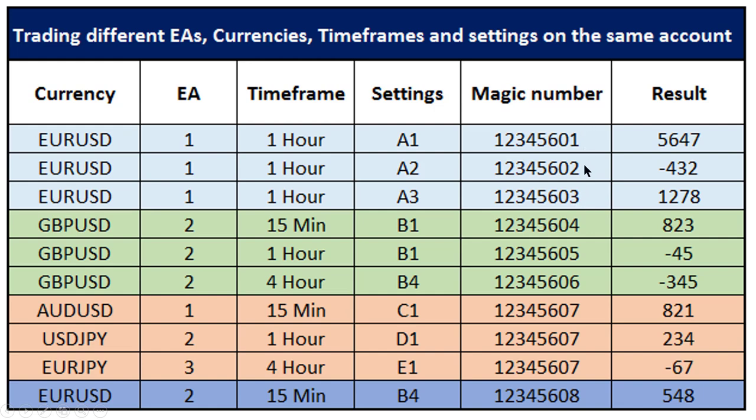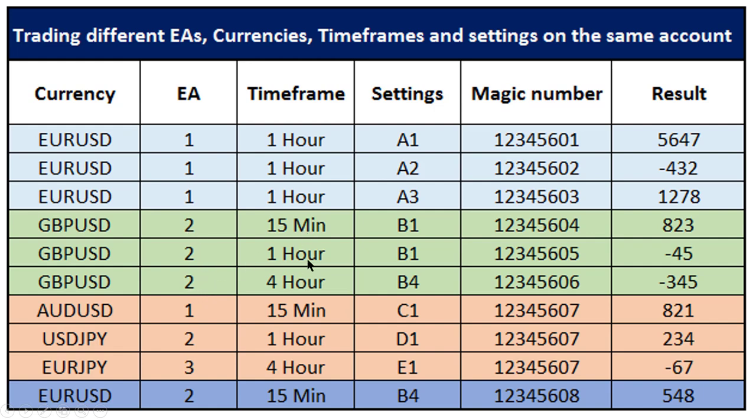So that's how we tell the EA how to manage different versions of the same currency, and you'll see you can get different results coming out of using the magic number. Now the next one is pretty similar. We're trading another EA. We're not trading EA1, we're trading EA2.